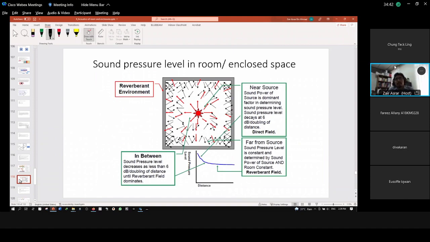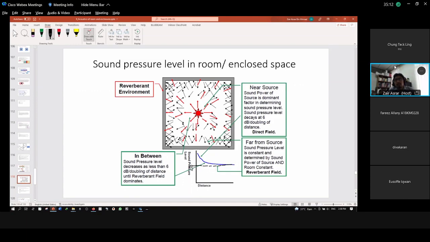Initially, if you have a sound source, of course the sound pressure level is very high, and then it will travel in different directions. If we have a fixed amount of absorption and so on, and we continue with the sound source, the sound pressure level will drop to a certain level.